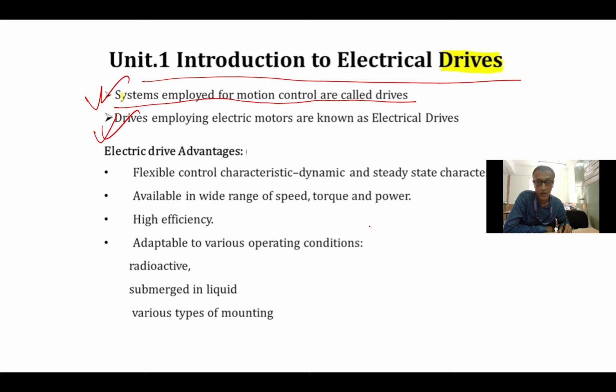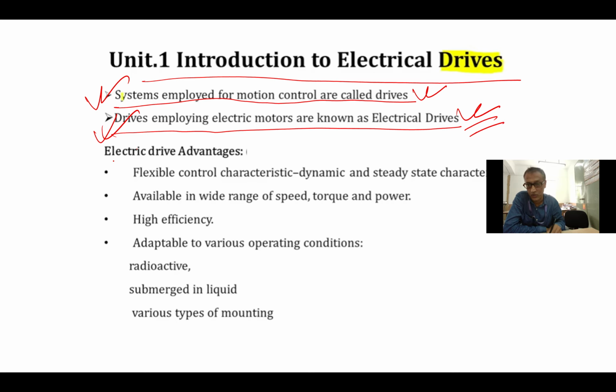Motion will be changing, increasing or decreasing, and you have to control the machine or motion. Similarly, drives employing an electrical motor are known as electrical drives. In the previous cases, you have to include the belt, gear, and pulley, and in these cases, you have to control the motion of the electrical system.